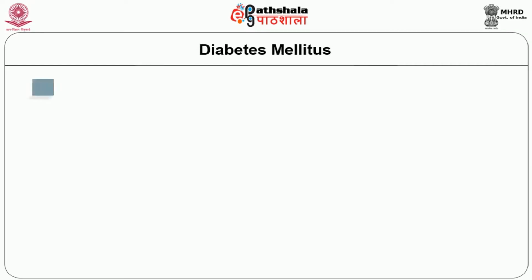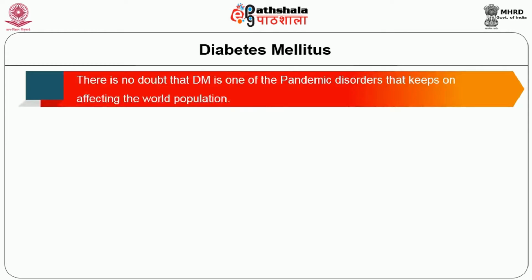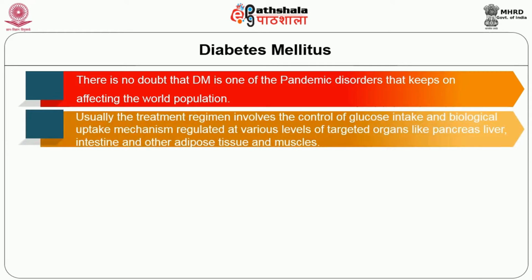Coming to the disorder diabetes mellitus, there is no doubt that diabetes mellitus is one of the pandemic disorders that keeps on affecting the world population. Usually, the treatment regimen involves the control of glucose intake and biological uptake mechanisms regulated at various levels of targeted organs like pancreas, liver, intestine and other adipose tissue and muscles.